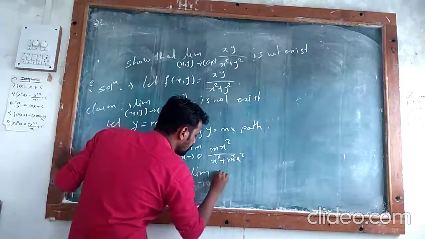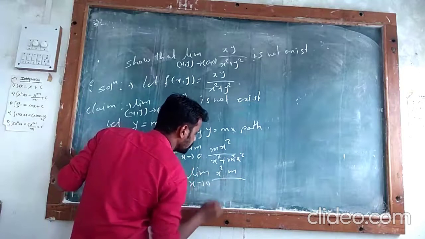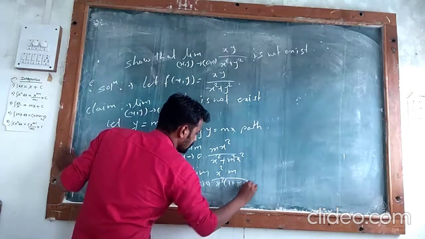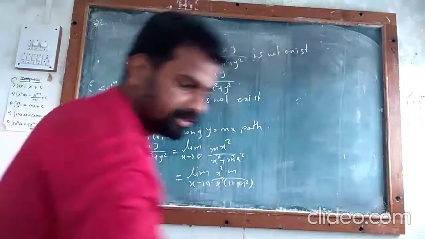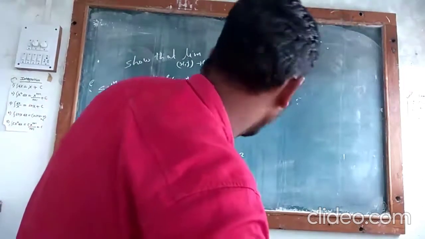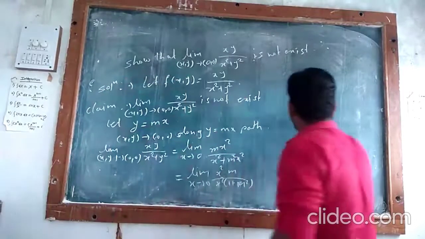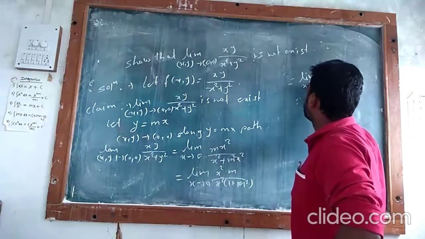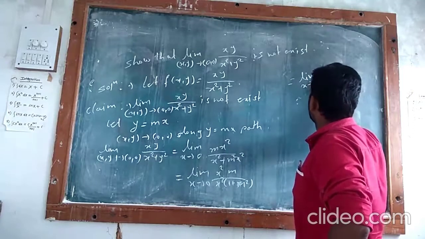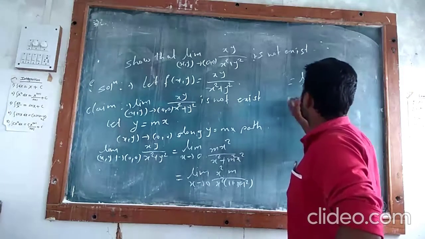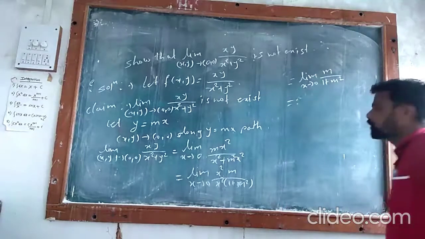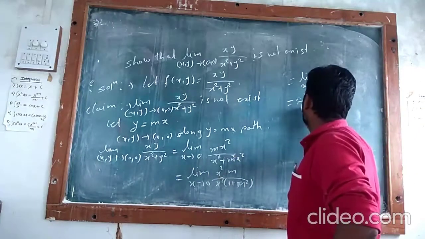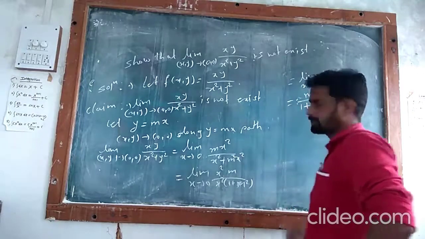Taking x square common, we get x square m upon x square in a bracket 1 plus m square. The x square gets cancelled. The limit as x tends to 0 of m upon 1 plus m square does not depend on x, so we have the answer m upon 1 plus m square.